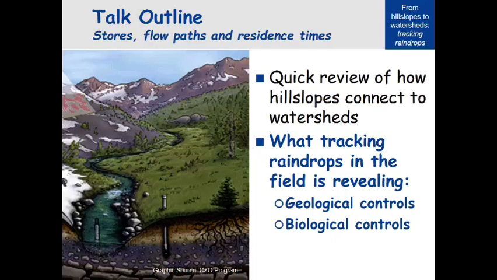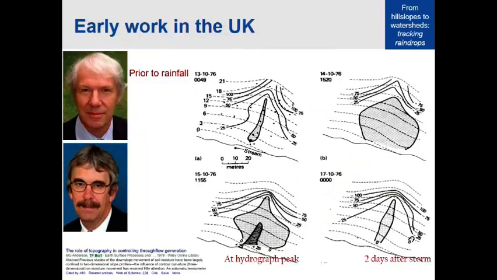Biologists use tracers like the FACE experiment. Hydrologists have embraced this in a big way as well. And I'll talk about some of the new things that tracers are revealing and then end with a kind of future outlook. But this is a schematic on the left that I'm hoping you can keep in mind. It's this kind of headwater catchment, how hill slopes are connecting to catchments that I'd like to explore.